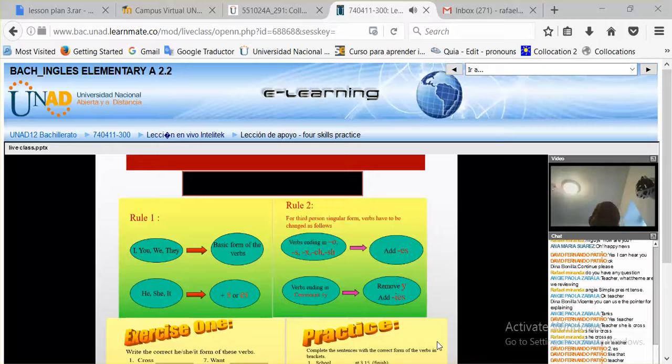You have to put es at the end of the verb to complete the verb in the third person. It's only that. Maybe you are confused because you think that you need to do a sentence, but that is not for now. You have to write in front of the verb, write it again with it ending in the third person.